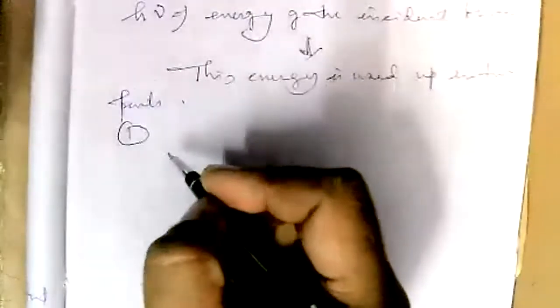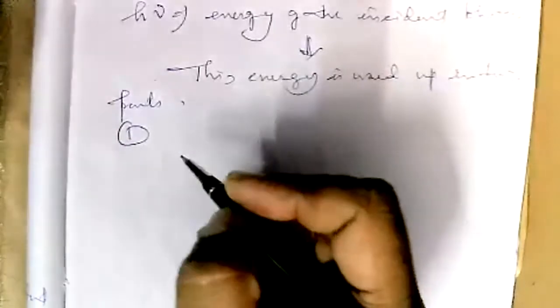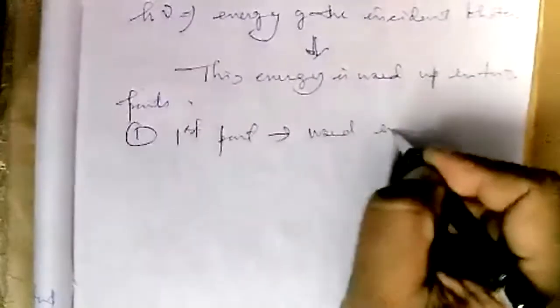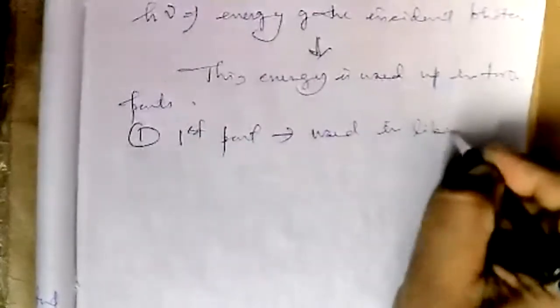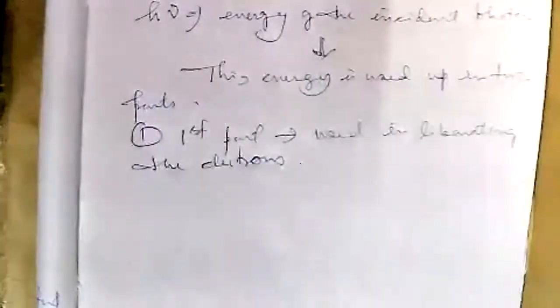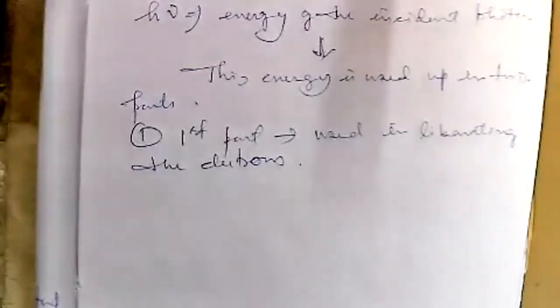First, part of the energy of the photon is used in liberating the electron from the metal surface.